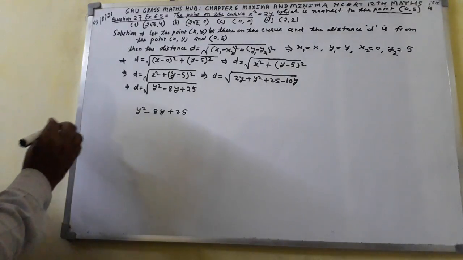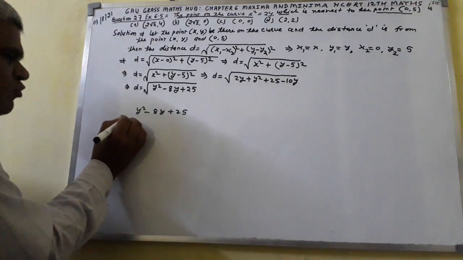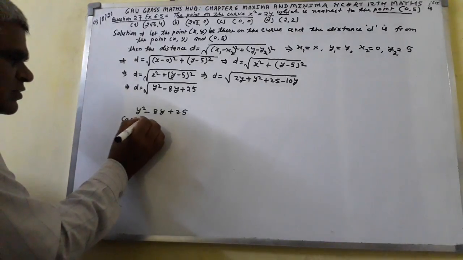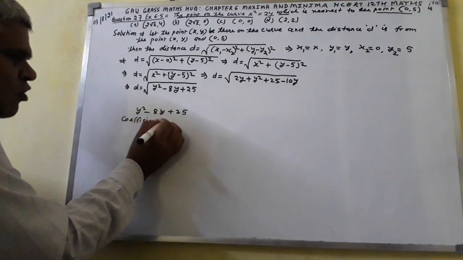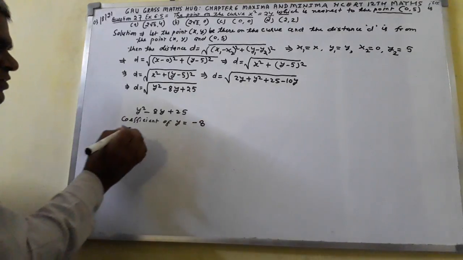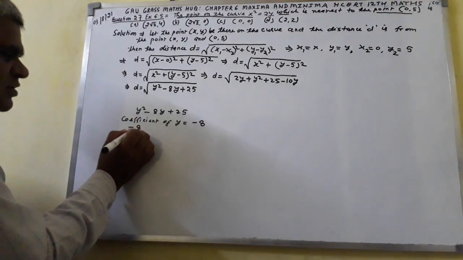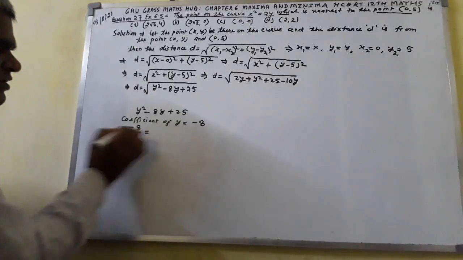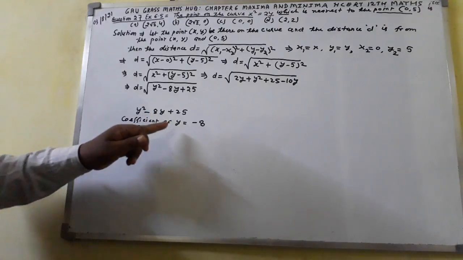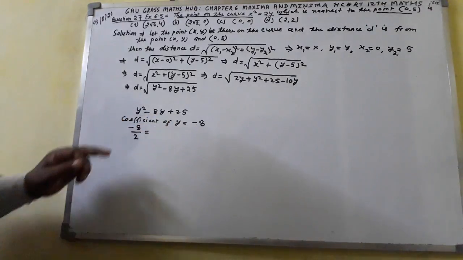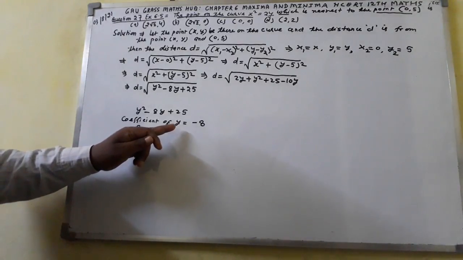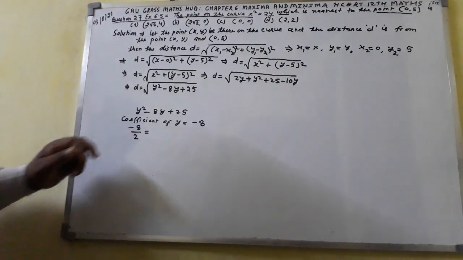The coefficient of y, so here write coefficient of y equal to minus 8. So minus 8 over 2 will get here. Coefficient of y is minus 8. So minus 8 half, coefficient of y half. You will get here minus 4.